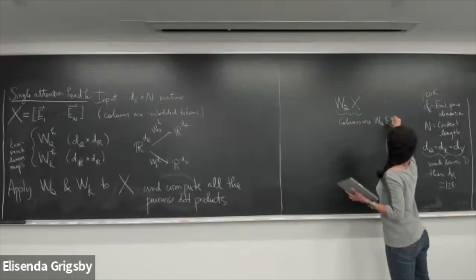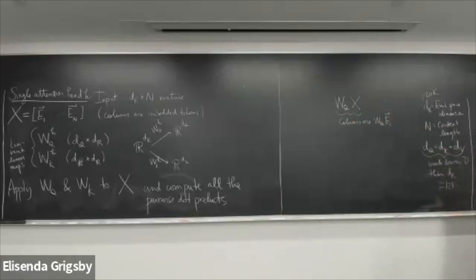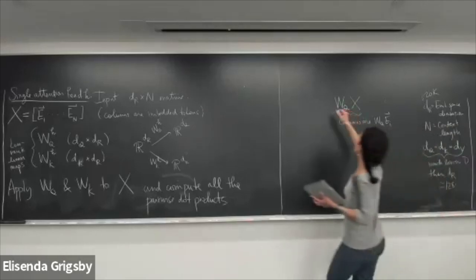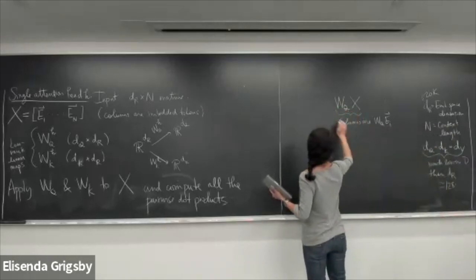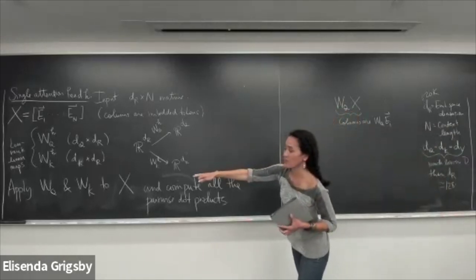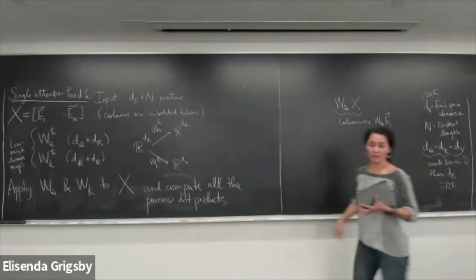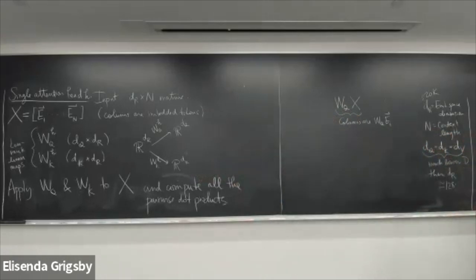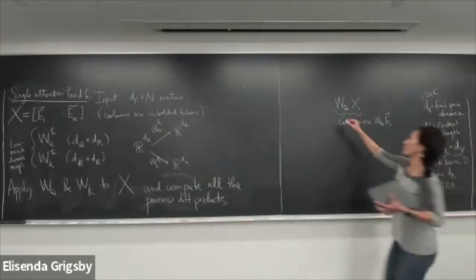Then you're taking the dot products with the applications of WK to the embeddings, which are the columns of X.